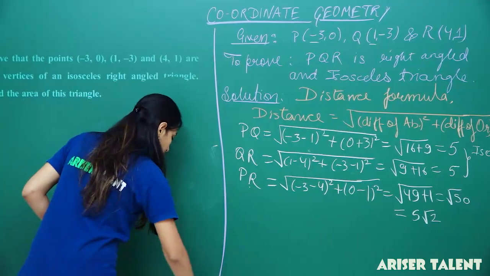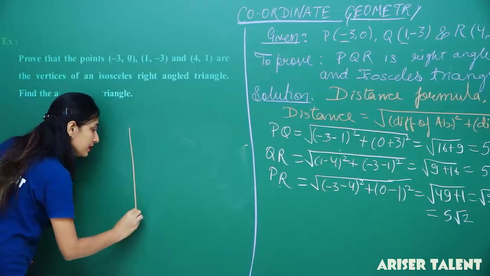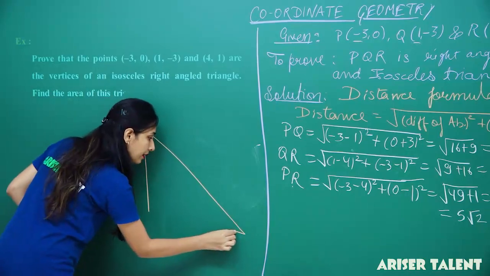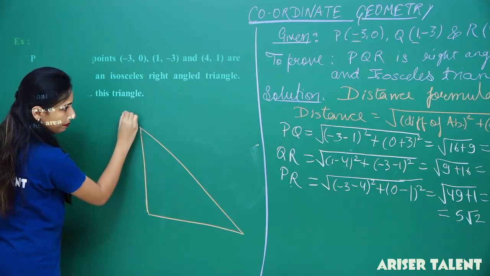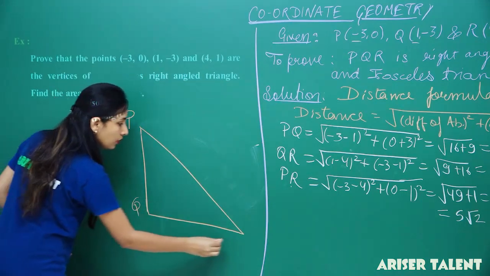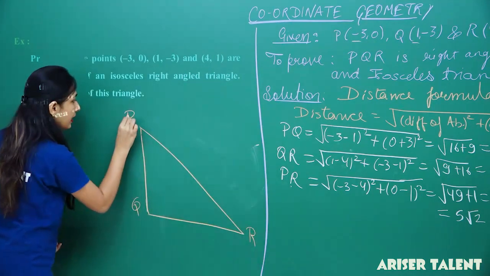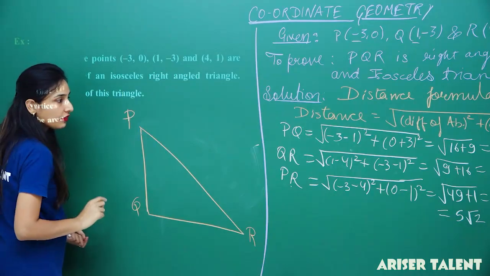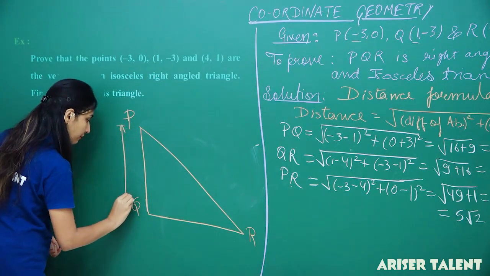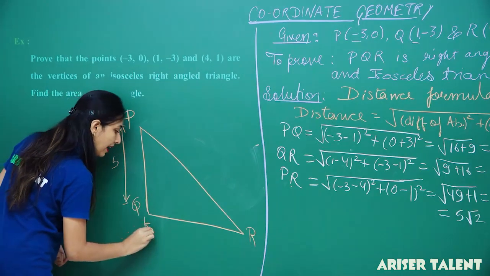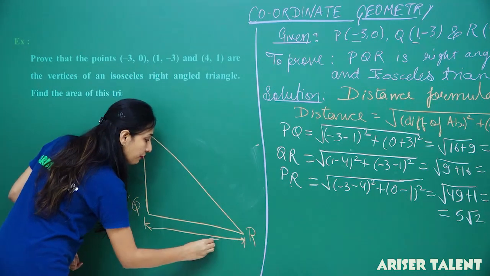So now draw this diagram. If this is true, then this is P, this is Q and this is R. Which is given in the question, that PQ is 5 and QR is 5 here.